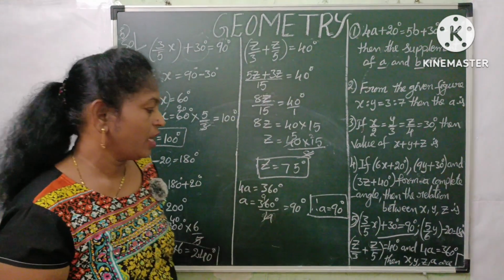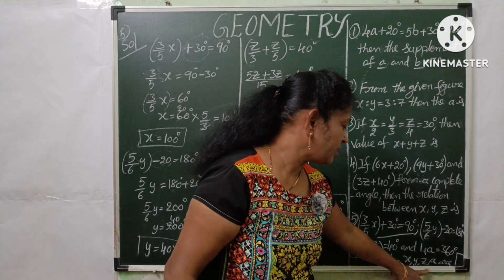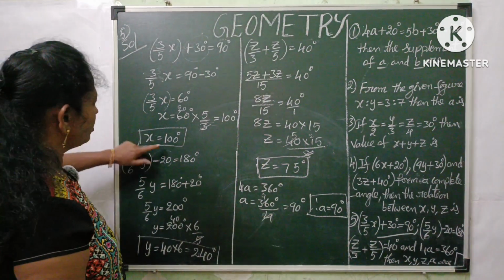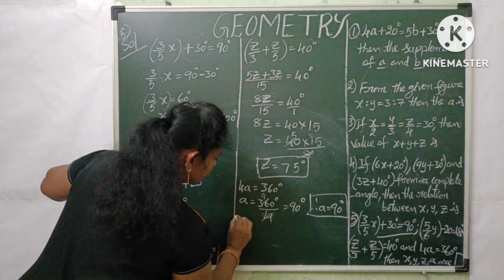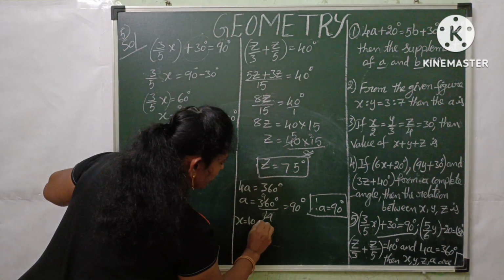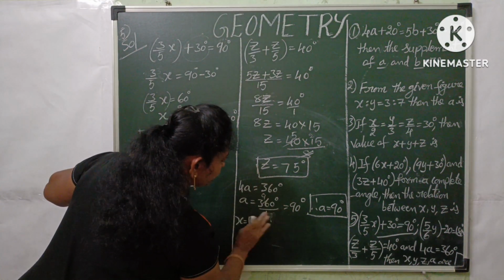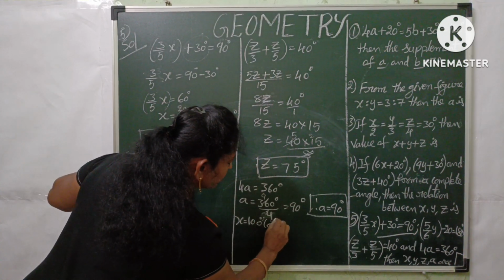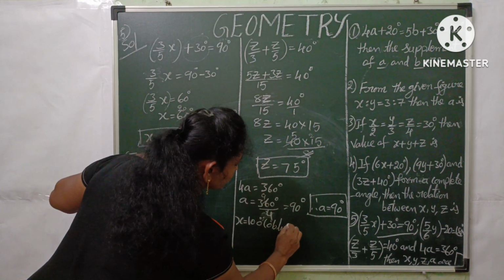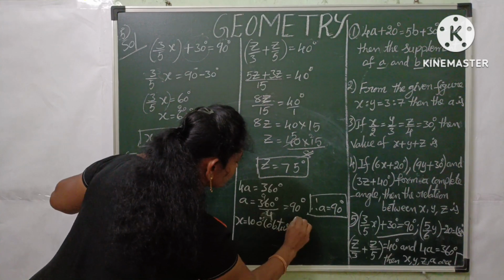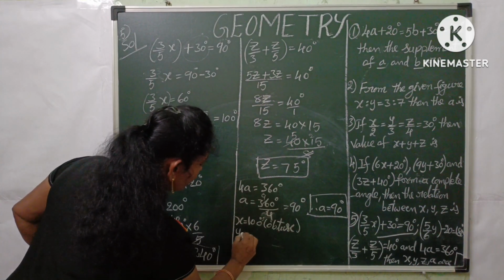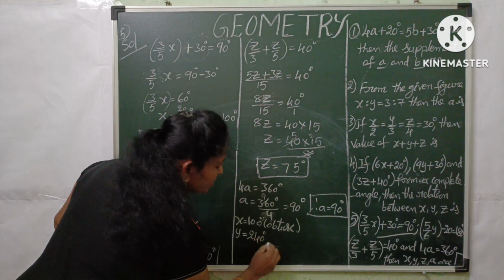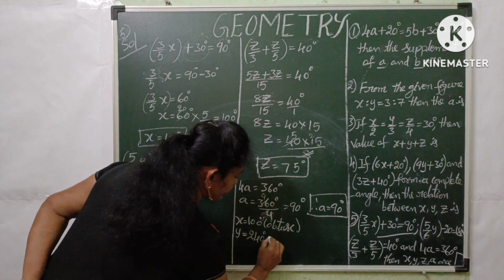Now check it. Then x, y, z, a are: here x equal to 100 degrees, it is an obtuse angle. Okay. Next, y is equal to 240 degrees. 240 means it is a reflex angle.